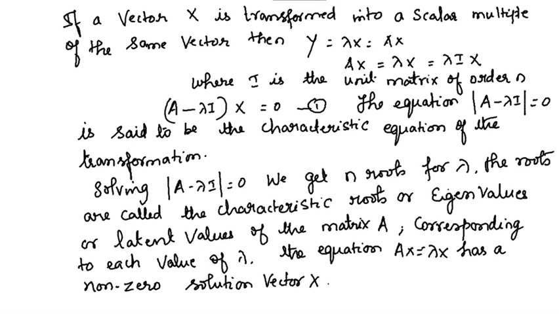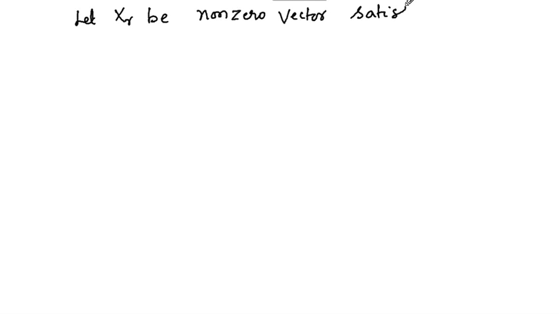Now let X r be a non-zero vector satisfying Ax equal to lambda x. Here we are going to replace lambda by the eigenvalues.